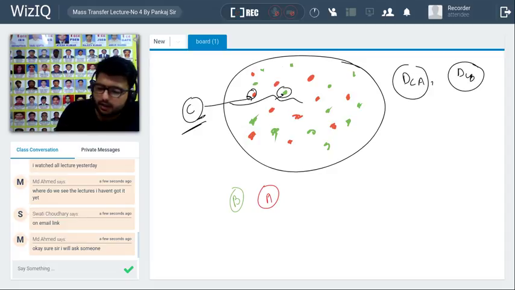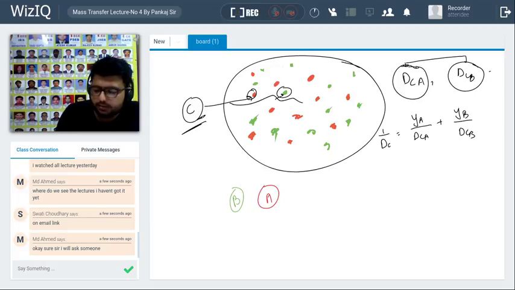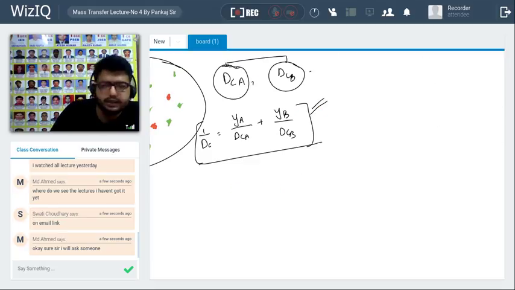Now how the values that we got are used to calculate the total diffusivity of C. See, total diffusivity of C is equal to YA upon DCA plus YB upon DCB. This is the formula for calculating the effective diffusivity of C in a mixture.